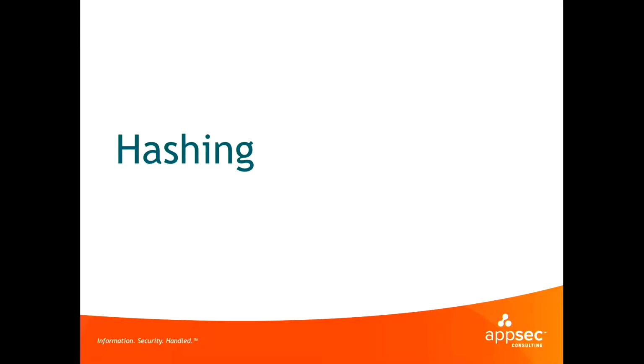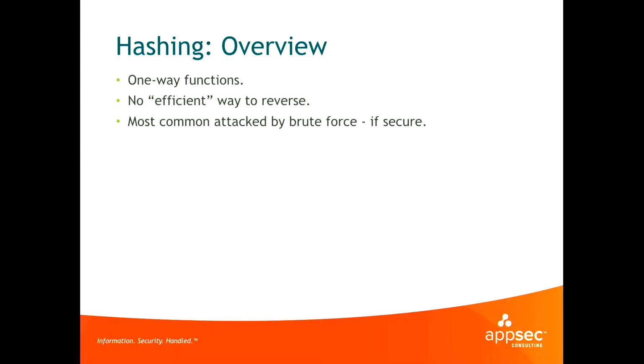We're going to start off by talking about hashing. Hashing is a topic that surprisingly few people understand, given its critical role in essentially every crypto system ever created. A hash function is a one-way function, which just simply means there is no efficient way to take the output and learn the input.